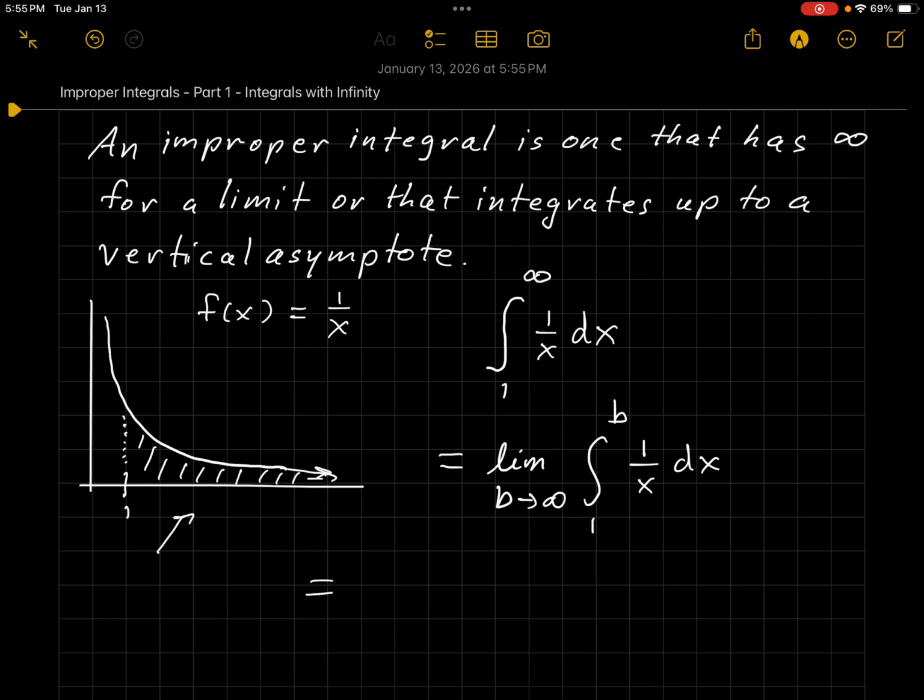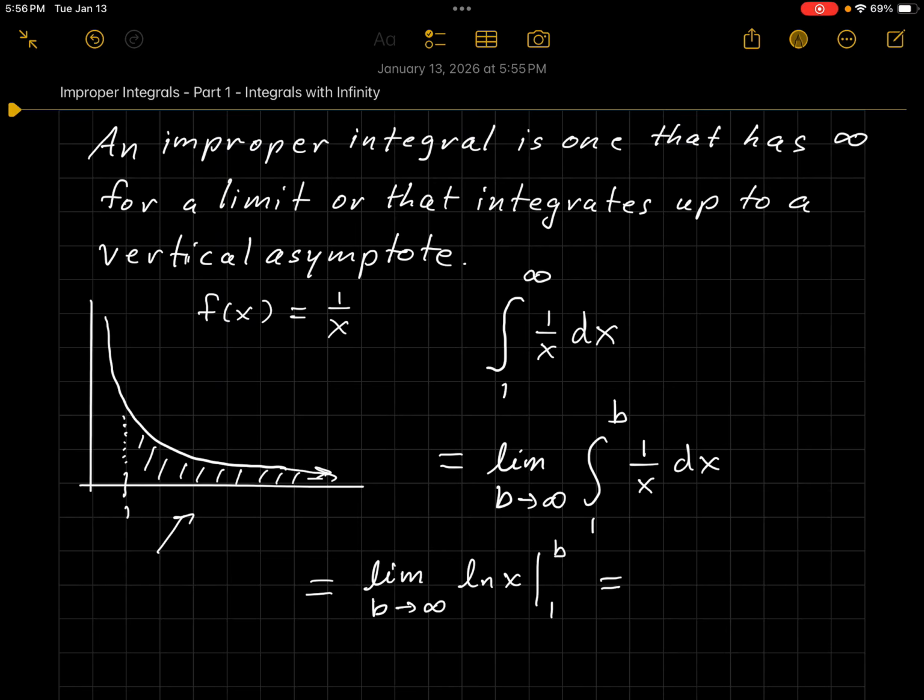Then we can find the antiderivative as normal, but we need to continue on with this limit as b goes to infinity out front of the natural log of x from 1 to b. No absolute values are needed around the x because we have positive values.